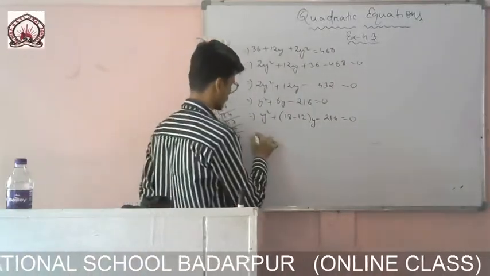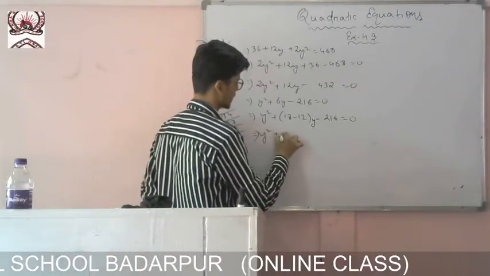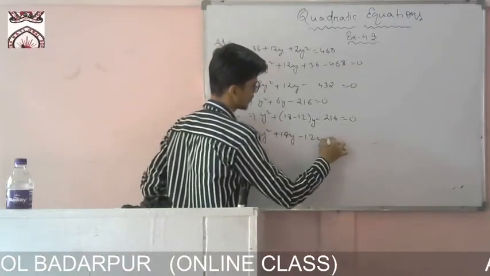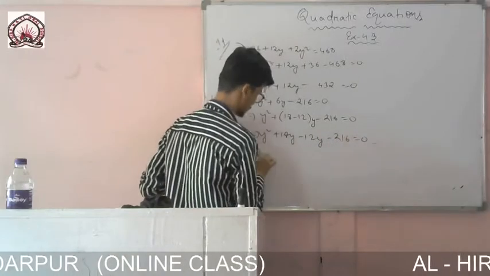So y square plus 18y minus 12y minus 216 equals 0.